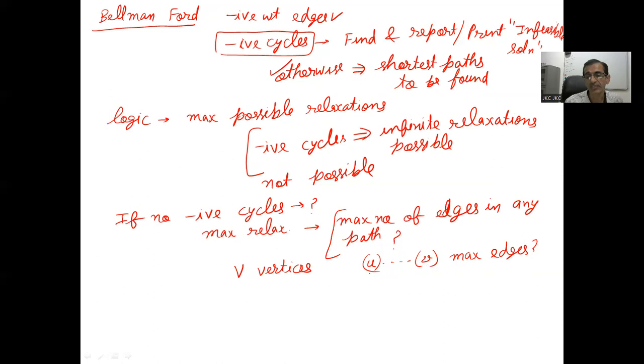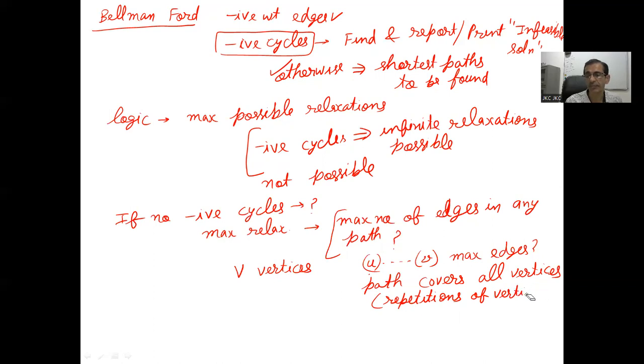Maximum will mean, say, the path covers all vertices. And of course, repetition of any vertex means no use, because cycles are always positive. Repetition of a vertex is of no use.